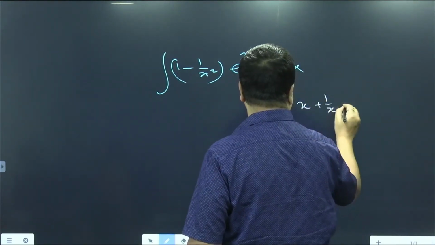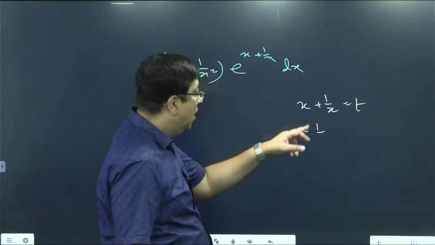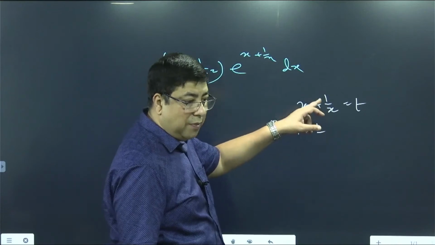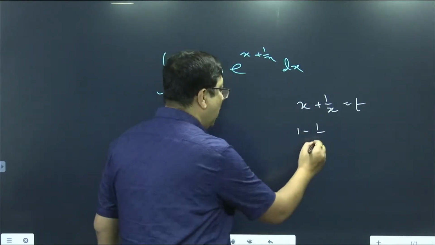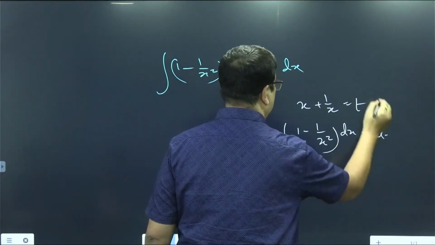x plus 1 by x equal to t. So 1 minus, the derivative of x is 1 and the derivative of x to the power minus 1 is minus 1 by x square. Therefore, (1 minus 1 by x square) dx equal to dt.